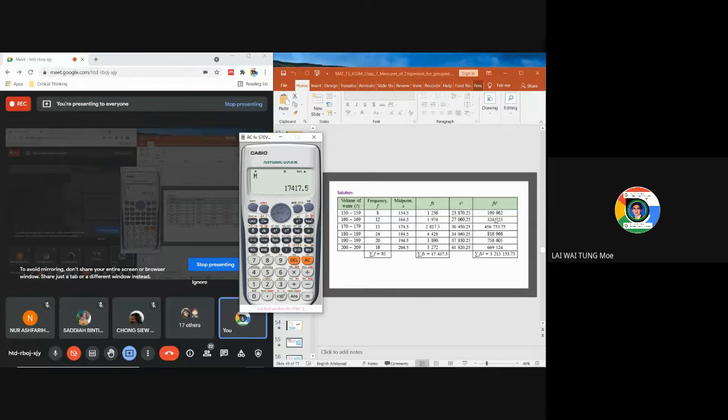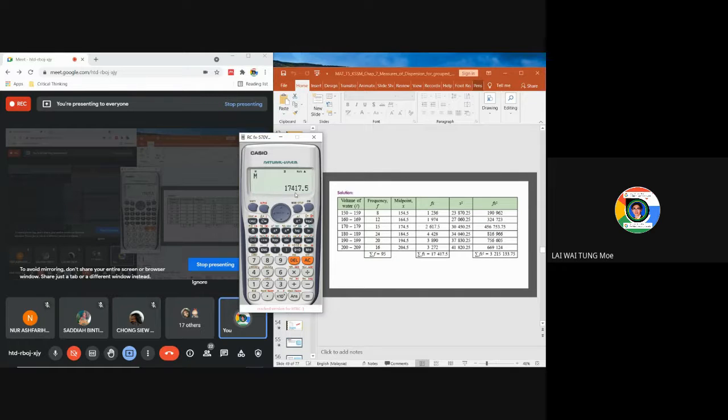So at the end, you need to calculate the total of fx squared. Since the number is very long, if you want to add one by one when you press the calculator, it actually wastes some of your time. So if you press this M plus button, it will save some of your time. So this one I want to highlight for you. There's an M plus button here.